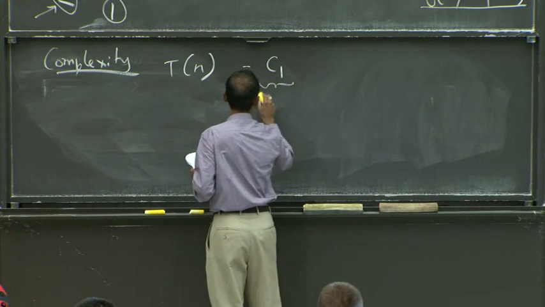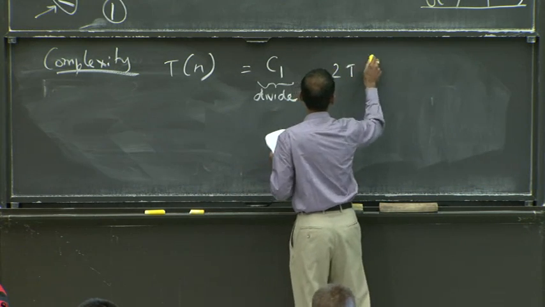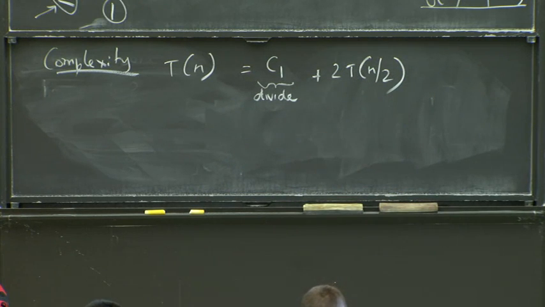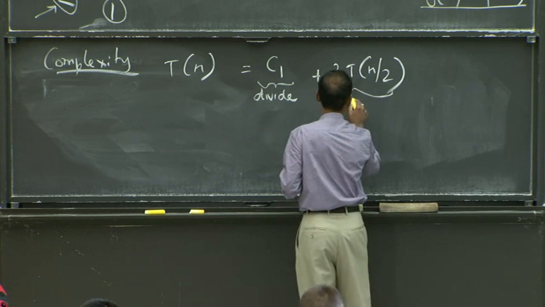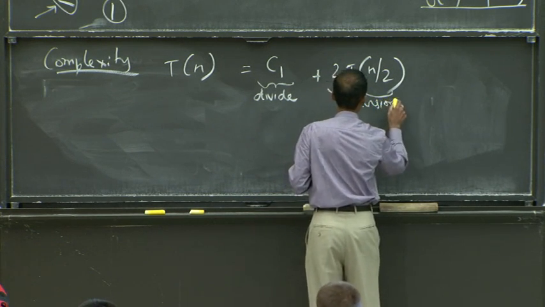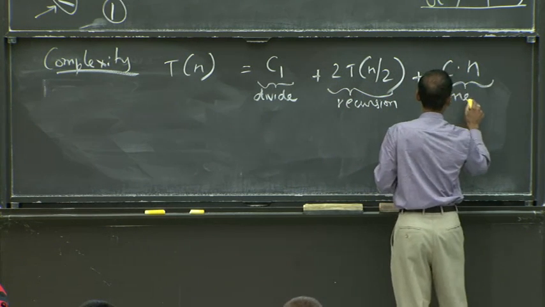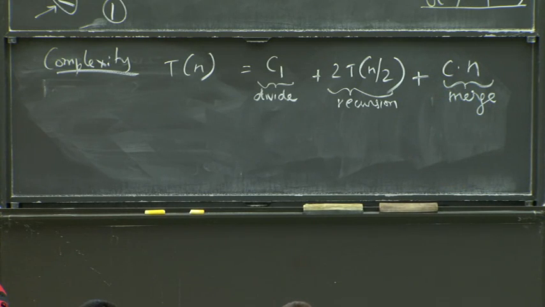So this could be the part corresponding to dividing the array. And there's going to be two problems of size n/2, and so I have 2T(n/2). And this is the recursive part. And I'm going to have c times n, which is the merge part. That's some constant times n, which is what we have here with respect to the theta n complexity.